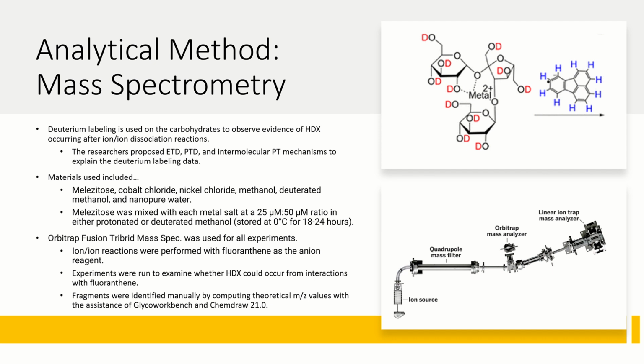The nanopure water was mainly to clean the containers used for these experiments and make sure they are clean as ever. The methanol and deuterated methanol will be used to have all branches of the melezitose be surrounded with either deuterium or hydrogen.